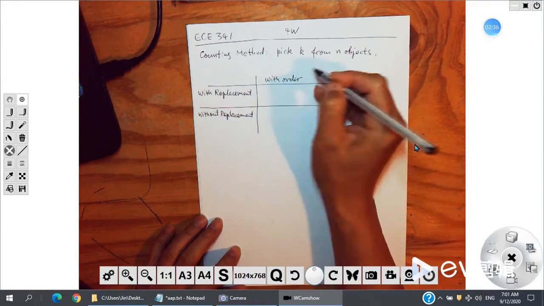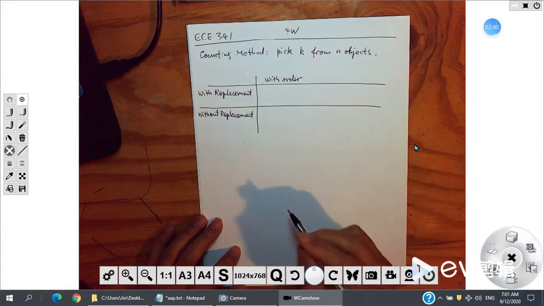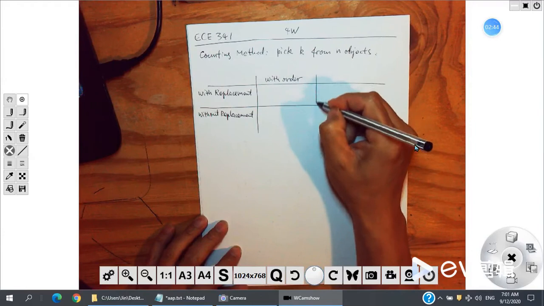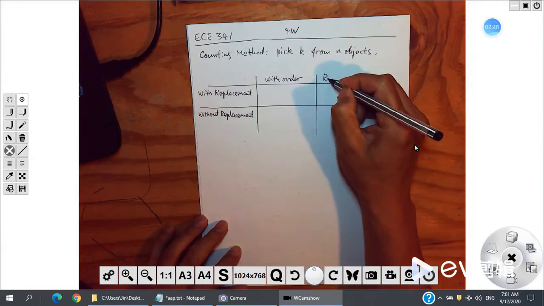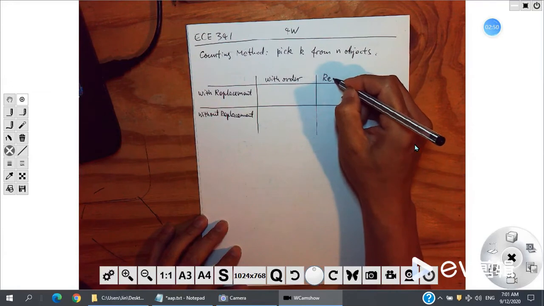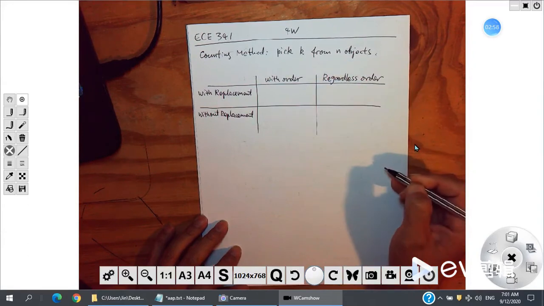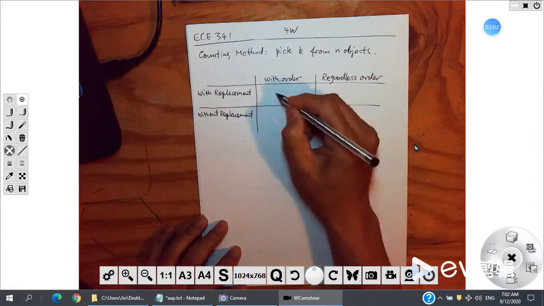So A B and B A are different, they have different order. You can also consider regardless of the order, so AB and BA you think are the same. Then we consider these three cases actually.